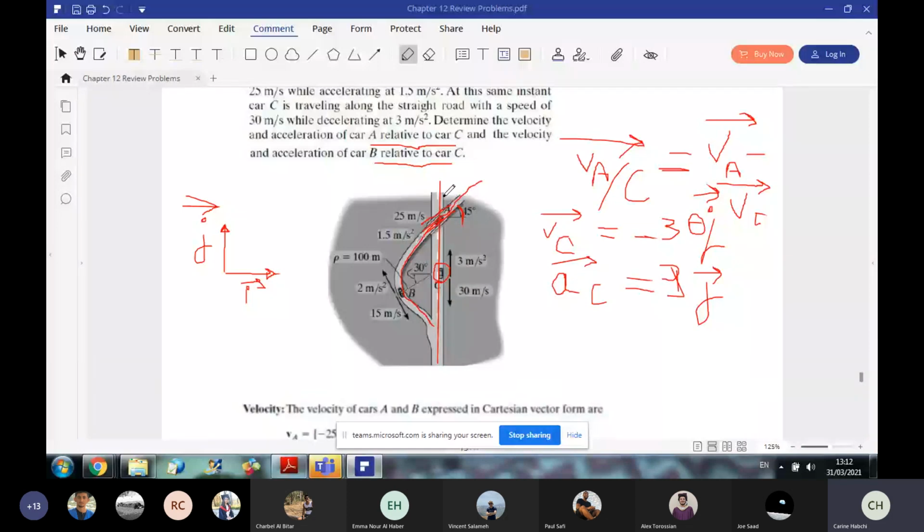Since both are downward, they will have negative i and negative j. So for VA, it will be minus 25 cosine 45 i and minus 25 sine 45 j, while for the acceleration, it will be minus 1.5 cosine 45 i and minus 1.5 sine 45 j.